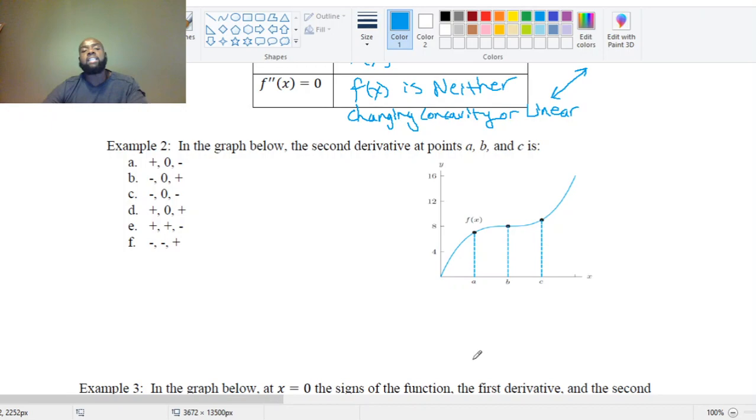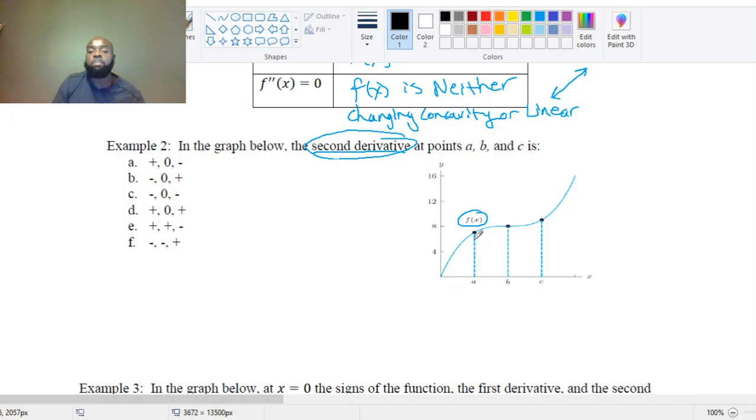In example 2, it says in the graph below, the second derivative at points A, B, and C, so those are x coordinates on our graph, is what? Well, when we talk about the second derivative, we look at what we're given, and we're given the function, right? Because this says f of x. It doesn't say f double prime, it doesn't say f prime of x, right? It says f of x. So if I want to know the sign of the second derivative and I'm looking at the graph of the function, all I have to do is determine whether the graph is concave up, concave down, or neither.